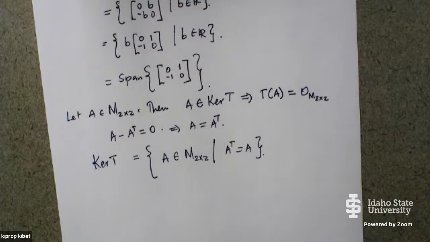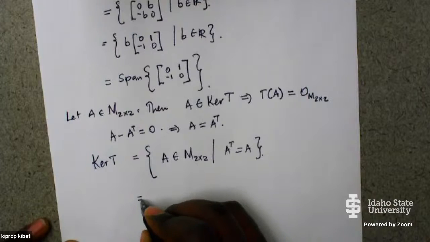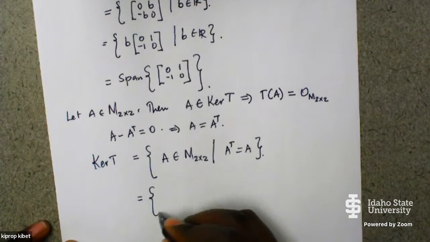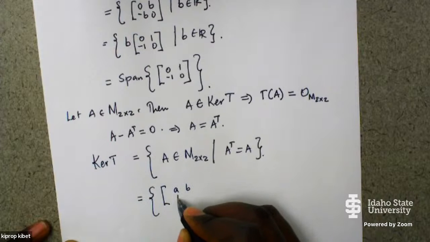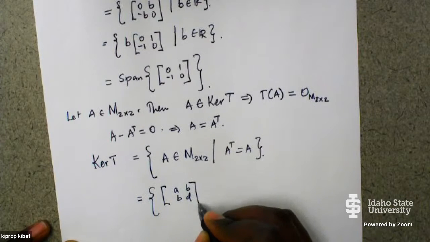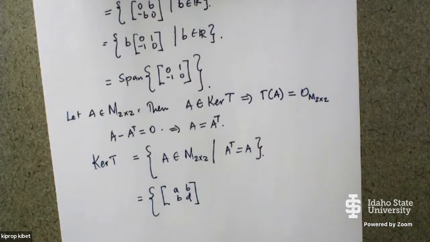It is the matrix of the form A, B, and then B, D, because you can transpose and you still find the same.